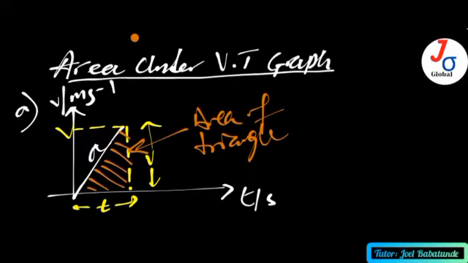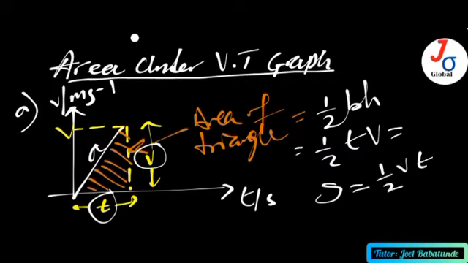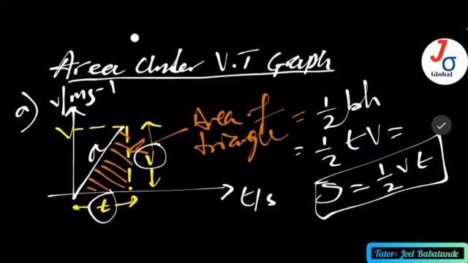Now the area of this is actually half base times height. If the base here is time, so that's t. What is the height? The height is v. So s, the total distance traveled, now becomes half vt. So that's how to find total distance traveled in this case.